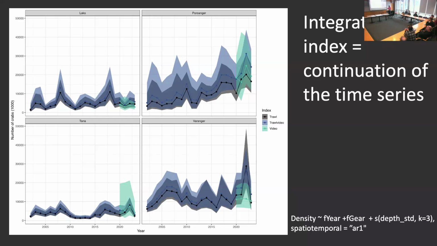Yeah, I have had the smoother gear specific, but I had some issues. It's not a very large data set, so that's the better model. But the more important thing is how the joint model fits.